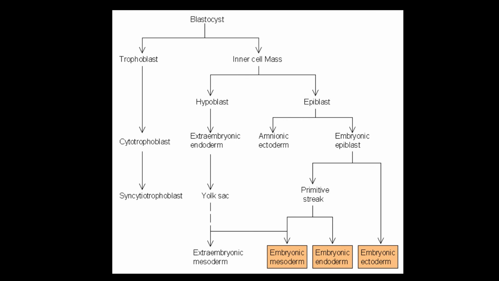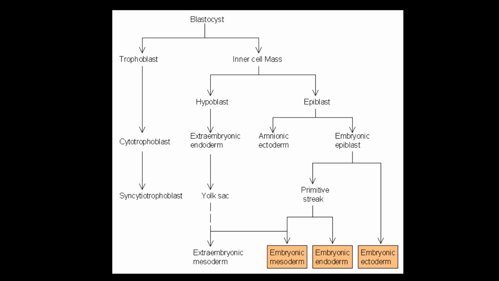A blastocyst will comprise two cellular layers, trophoblast and embryoblast. Embryoblast will contain the inner cell mass. The trophoblast will form syncytiotrophoblast and cytotrophoblast. The inner cell mass will be further divided into hypoblast and epiblast layers.